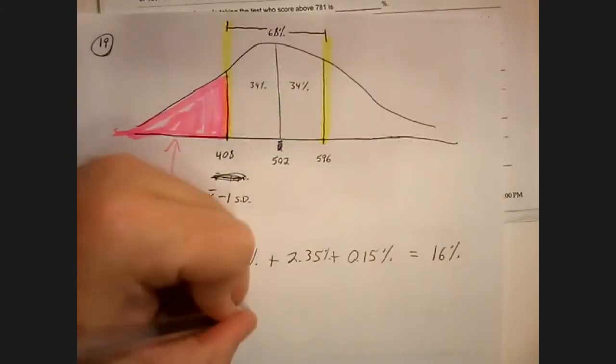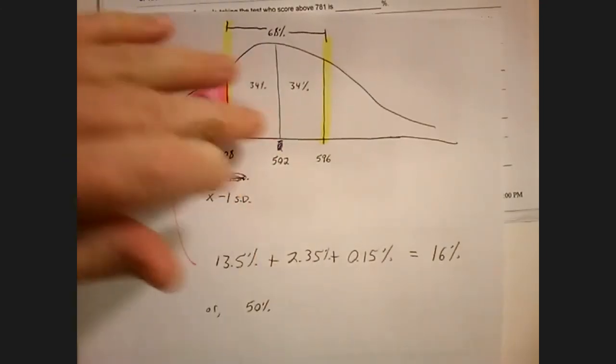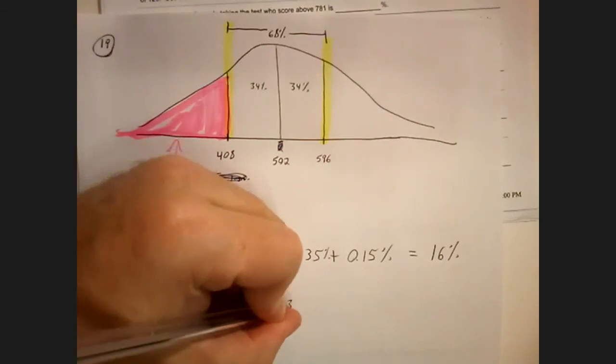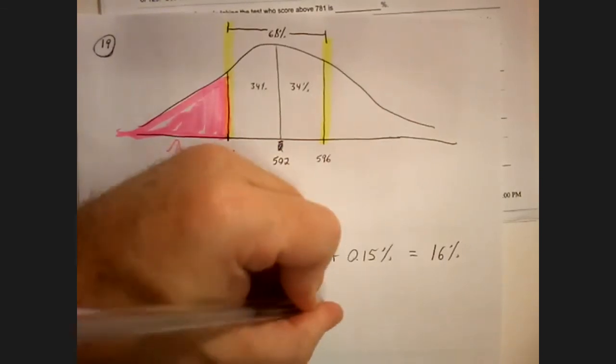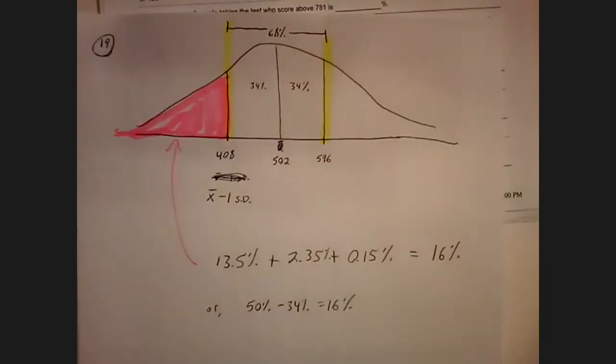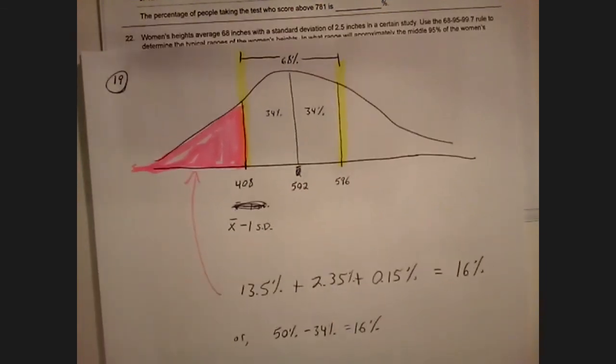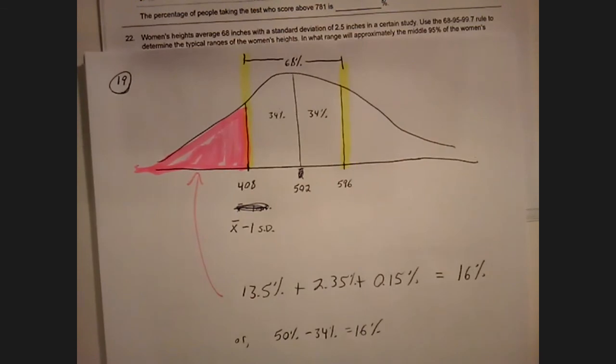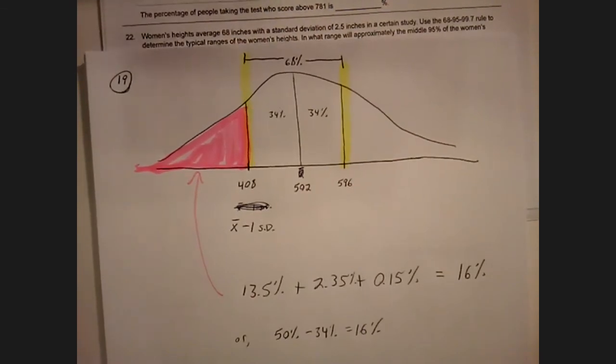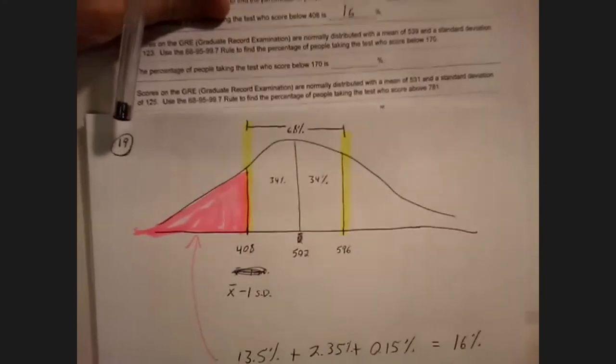Or I could have done 50%, since that's half of everything, minus 34% is 16%. So whichever you like is fine. You may need to draw this out a few times. It helps me see it, but it's up to you. All right, so let's stop this video, and we will do z-scores in the next one.